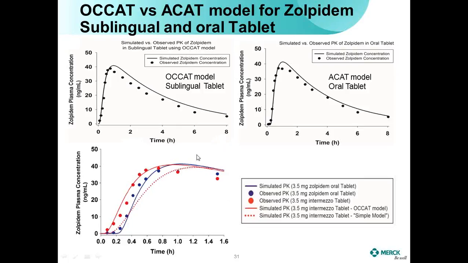Here you see that the blue curve represents the simulated PK of oral tablets, which shows a slight delay of absorption, and the red dot and curve represent the simulated PK of the sublingual tablet, and you see that the model actually captures the more rapid, faster absorption using the sublingual tablet.